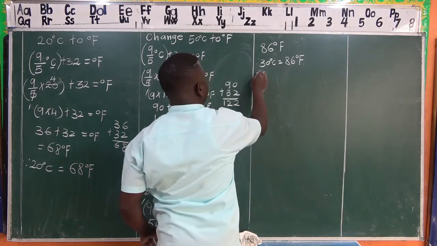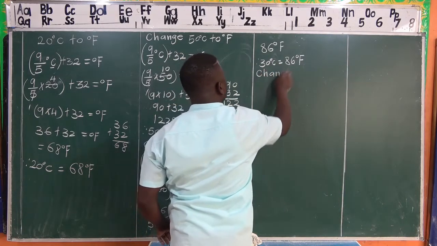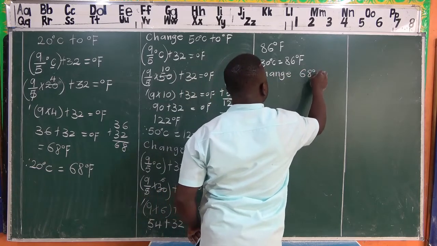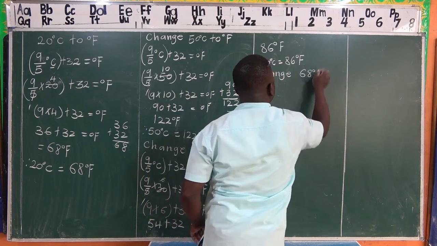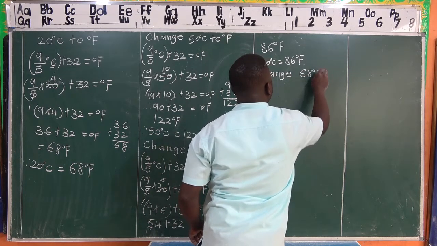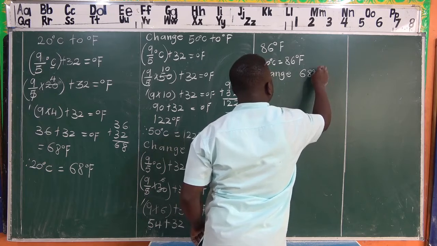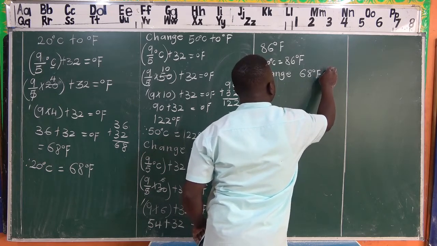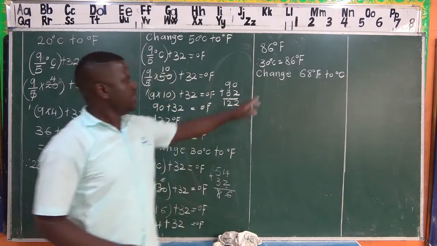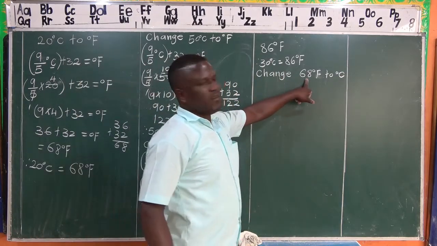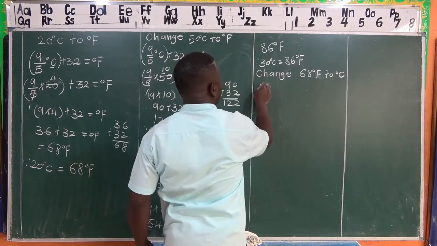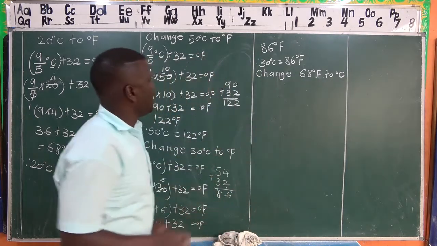Here you can say change 68 degrees Fahrenheit to degrees Celsius. So we are changing 68 degrees Fahrenheit to degrees Celsius. We shall use a different formula, which is not this.